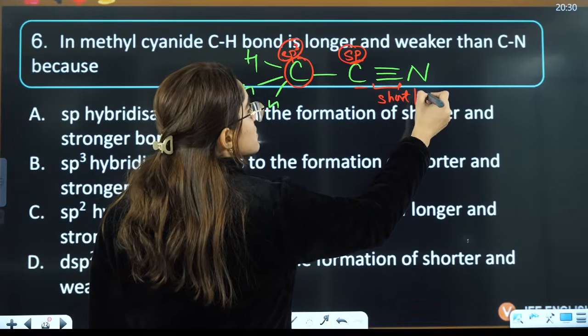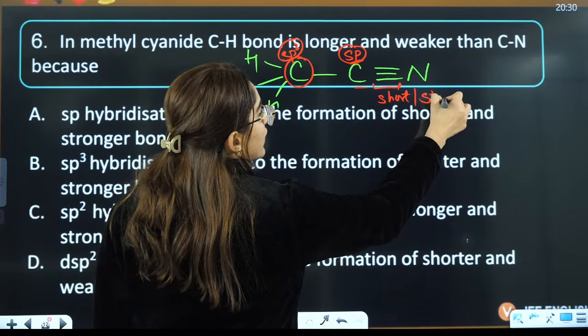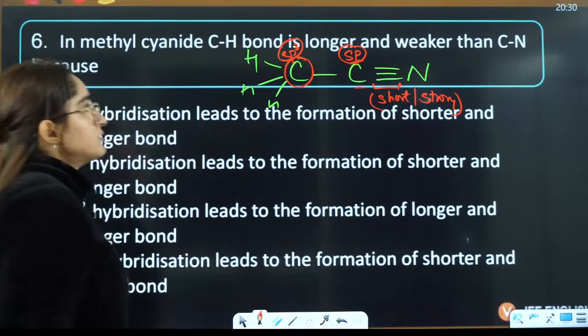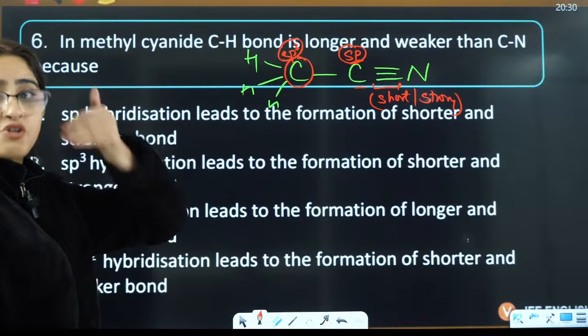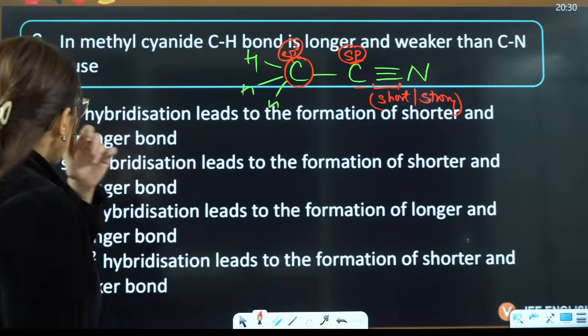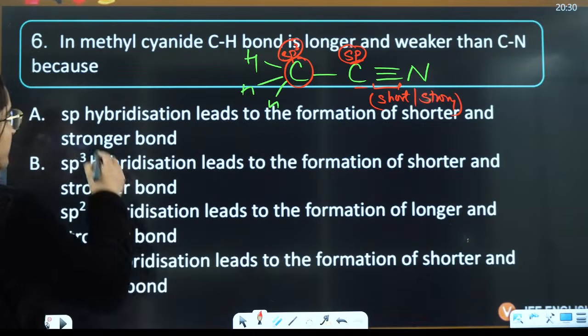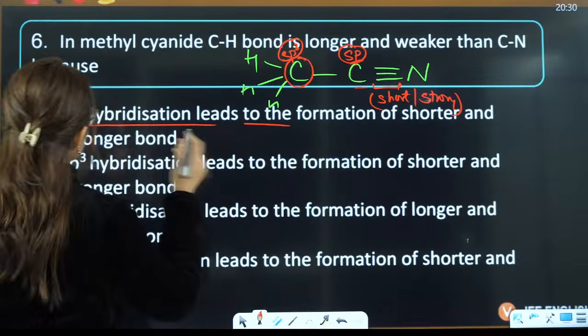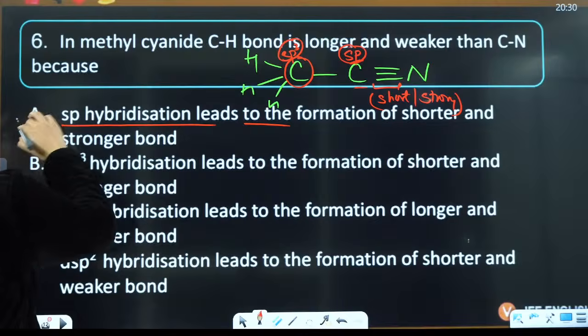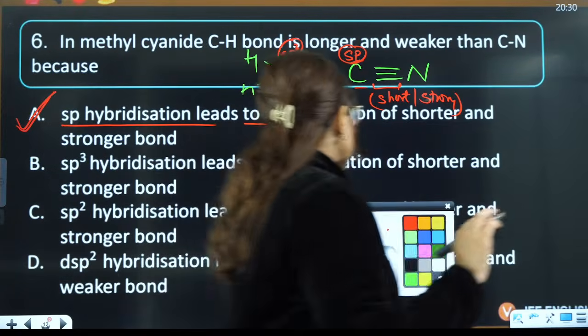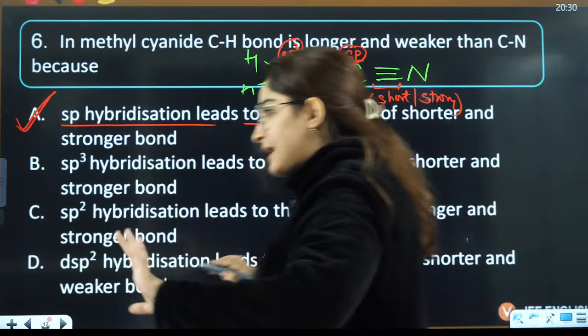Shorter means it has more strength, it will be stronger. So because of sp hybridization, that C-N bond is shorter and stronger, right? So we can say sp hybridization leads to the formation of shorter and stronger bond, sp2, sp3. So E is the correct answer here, right?